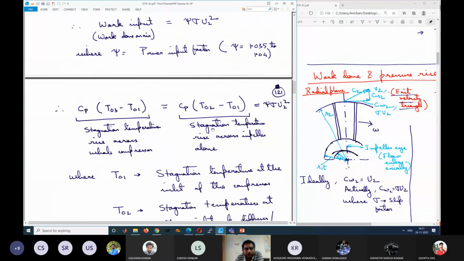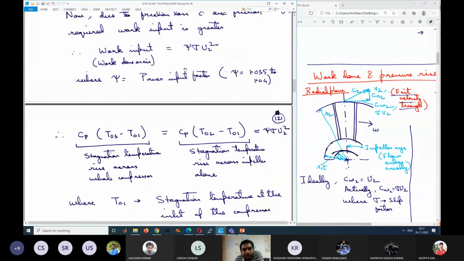Now if we consider the change in enthalpy, the work input to the air in the impeller should be equal to the change in the stagnation enthalpy, from the first law. Writing the first law, H01 plus Q, the heat input, is equal to H02 plus W. There is no heat input in the impeller.